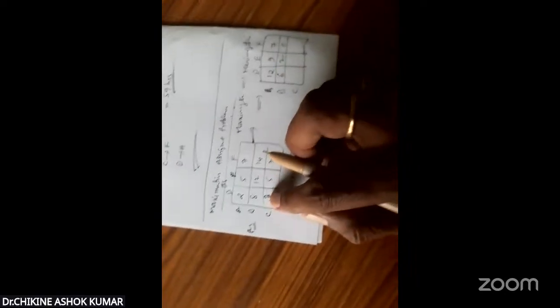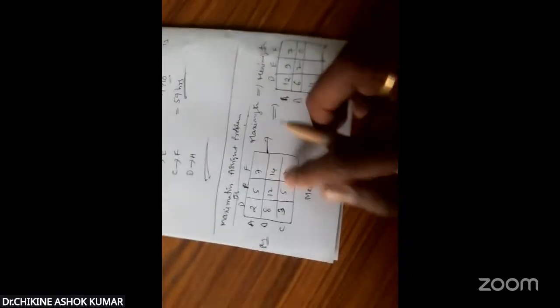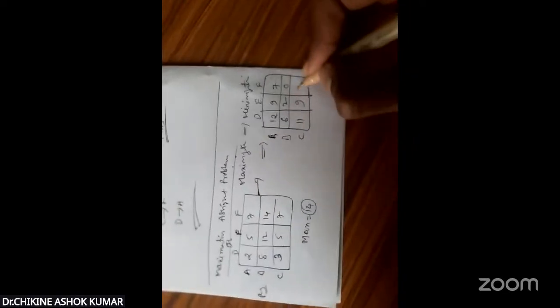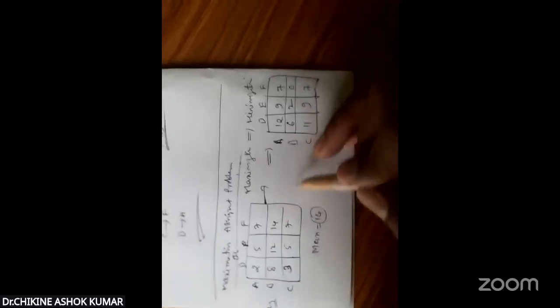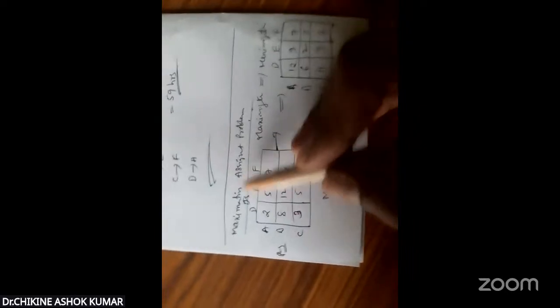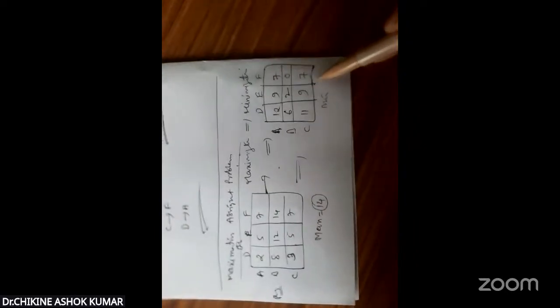Next, 14 minus 3 is 11. 14 minus 5 is 9. 14 minus 7 is 7. So automatically this problem is shifted to a minimization problem.